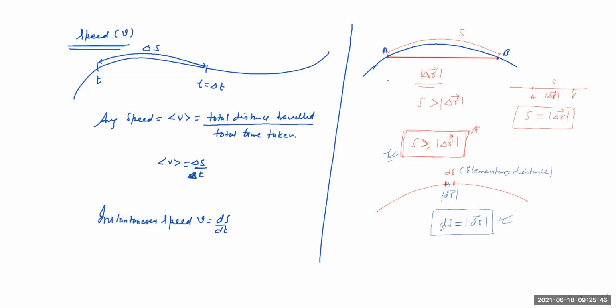So ds is always equal to the mod of dr, whereas s is more than or equal to the mod of delta r. This distinction is something we need to keep in mind: the big intervals will have inequality, but the smallest possible intervals will follow equality. This is very interesting for physics, and very important as well.